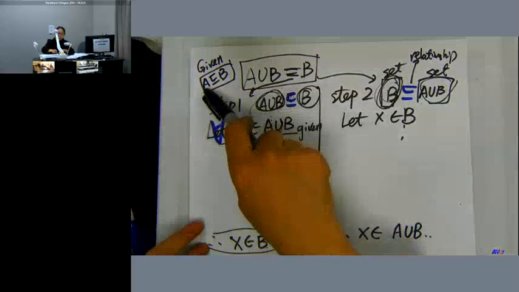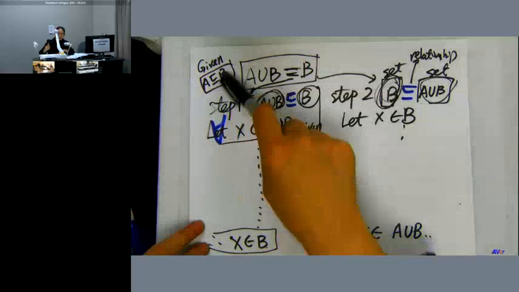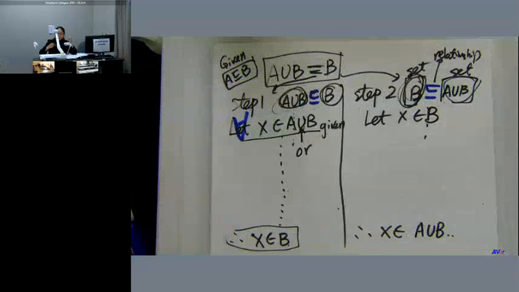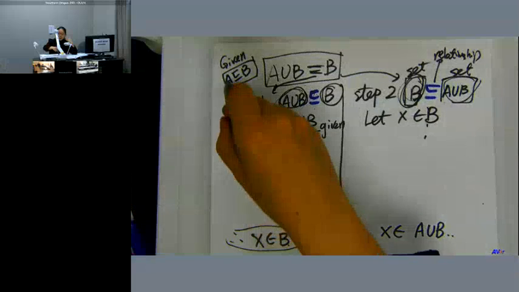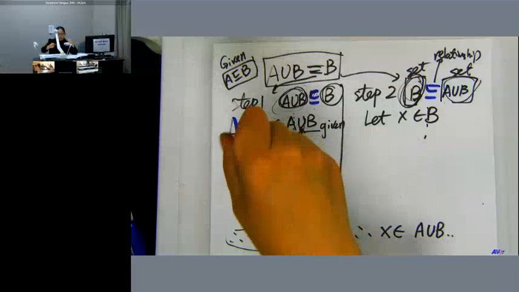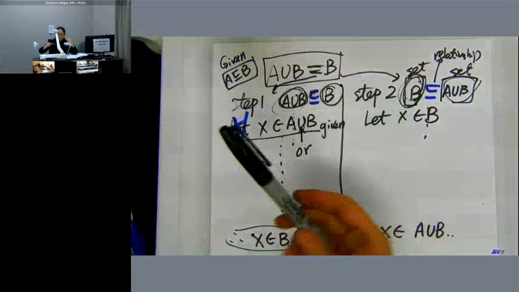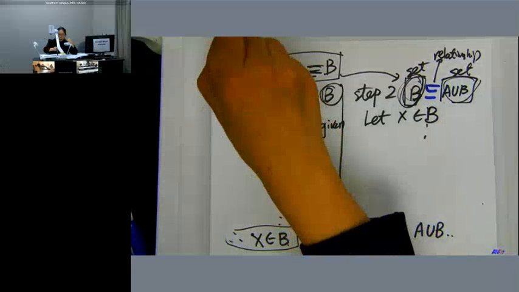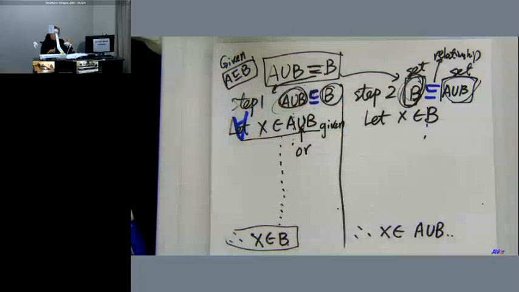If they tell you A is part of B, A is contained in B, what does that mean? By definition, every element of A is an element of B. So for your case 1, you should be able to prove this X is also in B, because it's in A, then it should be in B. That's the definition of subset.